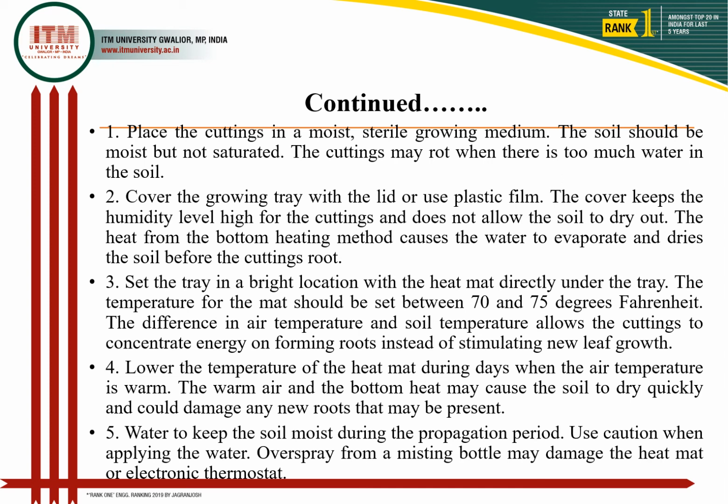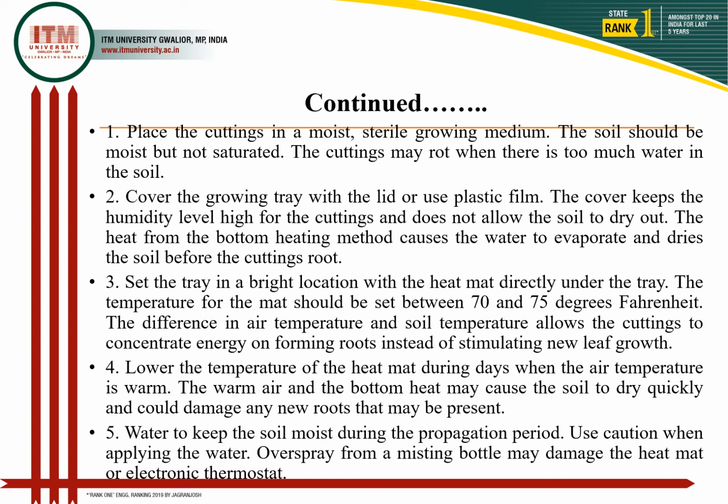The second important point is to cover the growing tray with lids or use plastic film. When you cover it, the cover keeps the humidity level high for the cuttings, and does not allow the soil to dry out. So this is a very important thing.